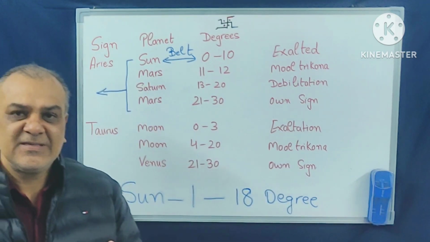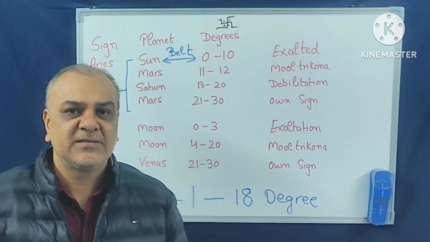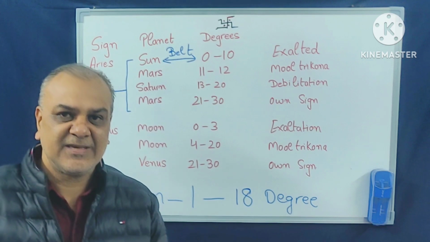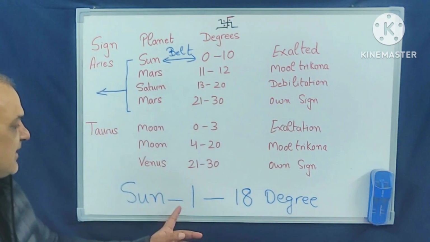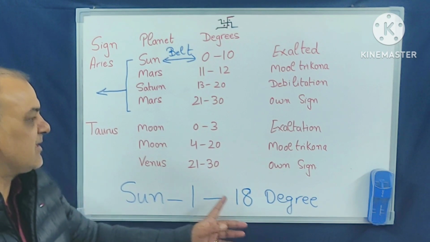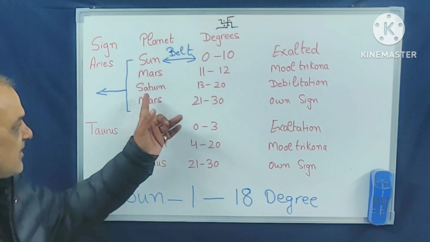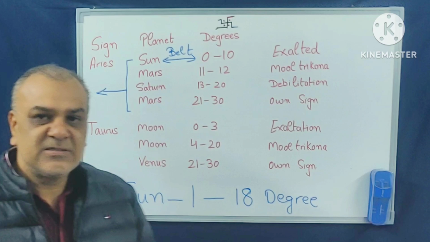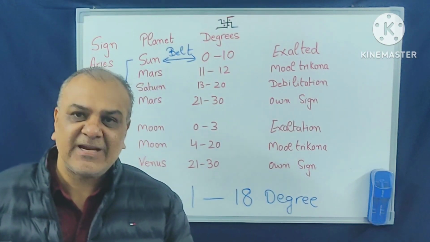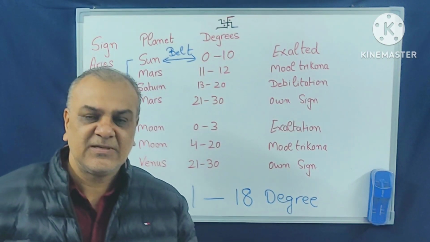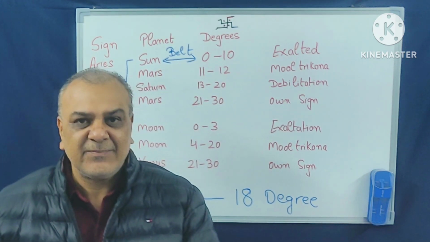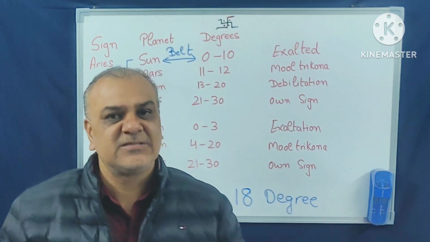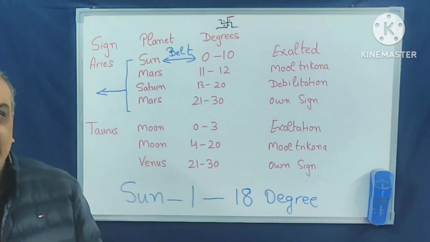So Saturn is debilitated in 13 to 20 degrees in Aries, and Sun, which is in Aries but in 18 degrees, will give you the results of debilitated Saturn as well. So this Sun has the qualities of a debilitated Saturn. This Sun is not exalted here.